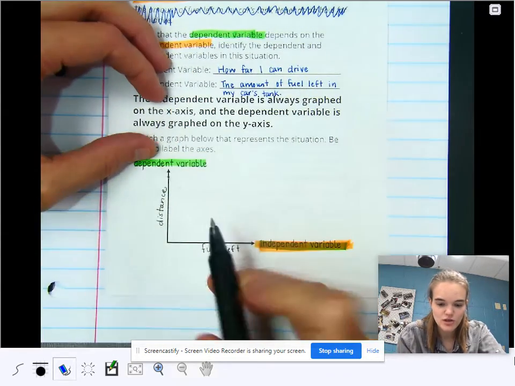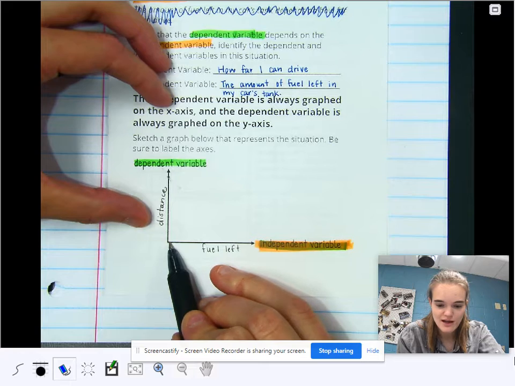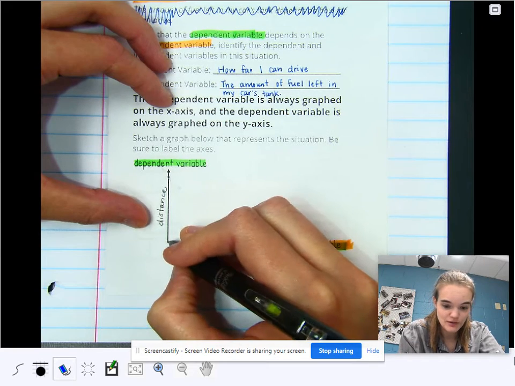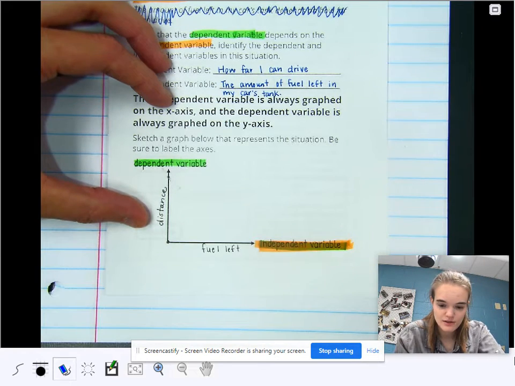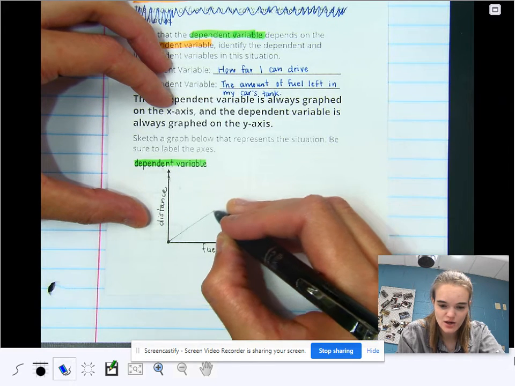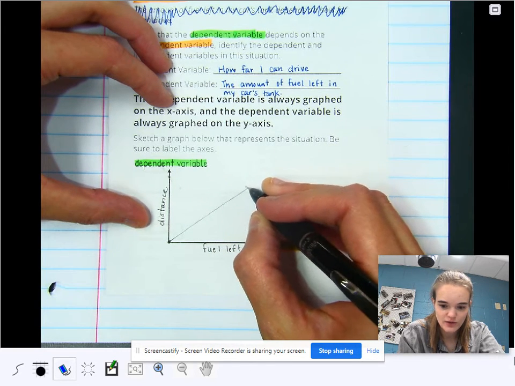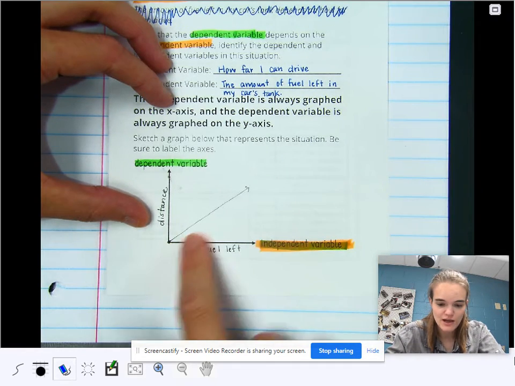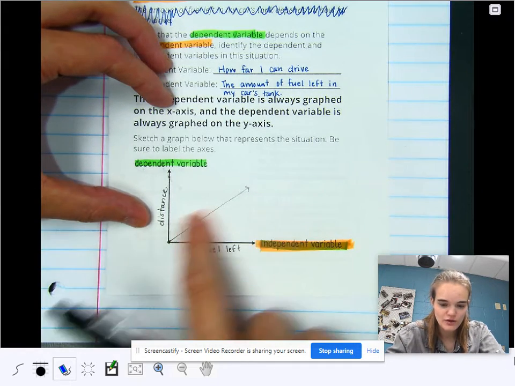If I have no fuel left, I cannot go very far. So I'm right here. The more fuel I have, the further I can go. So here's my graph. The more fuel I have left, the further I can go.